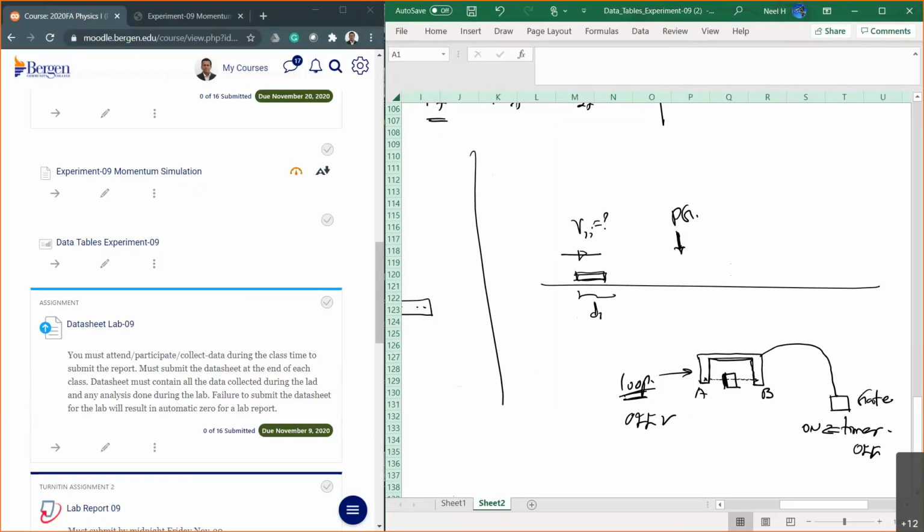Right here we have a scale, and the timer can give a very accurate reading, down to about 4 decimal places in seconds. So it's really accurate, below the millisecond level. We can find how much time it took this distance to pass through the photogate. So this t1 is going to be that time.